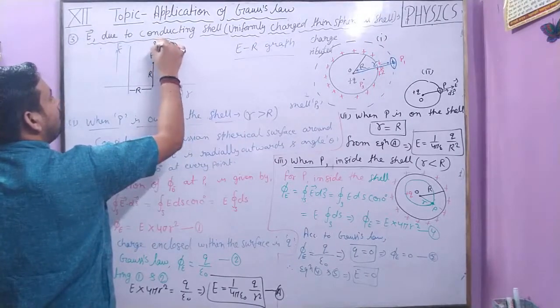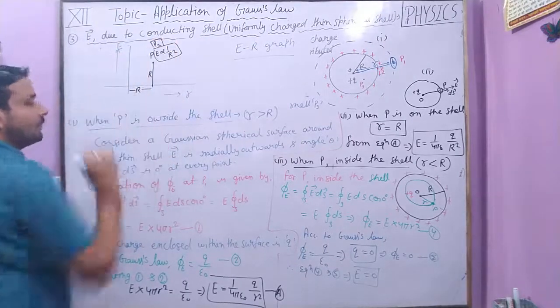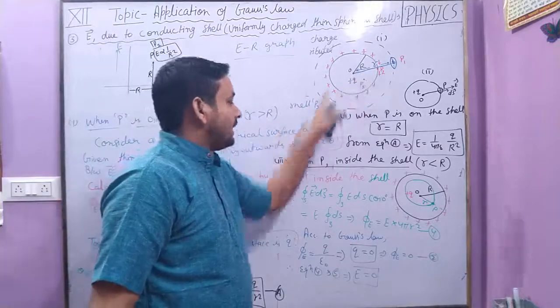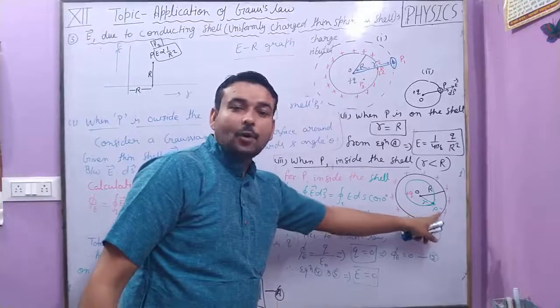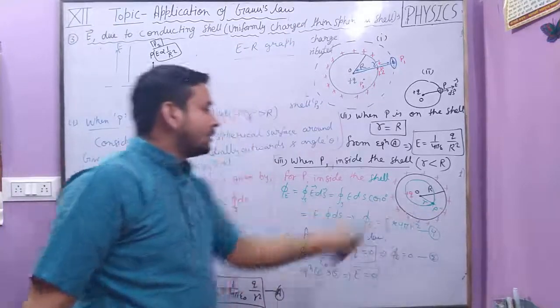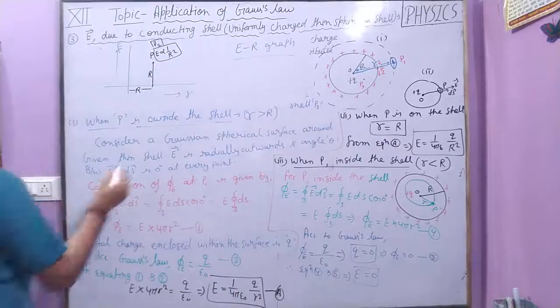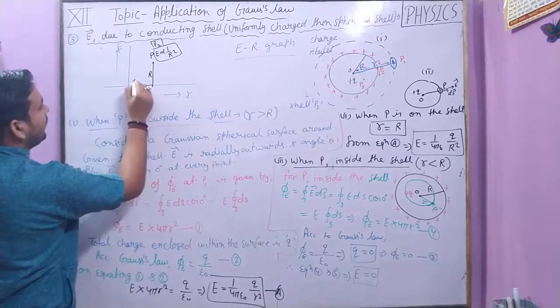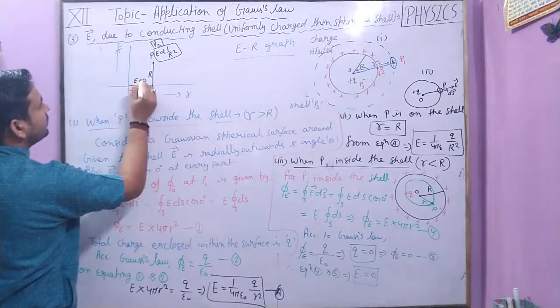This is for point P2. Now at P3 inside the cell, there is no electric field, which means inside the cell electric field E is equal to 0.